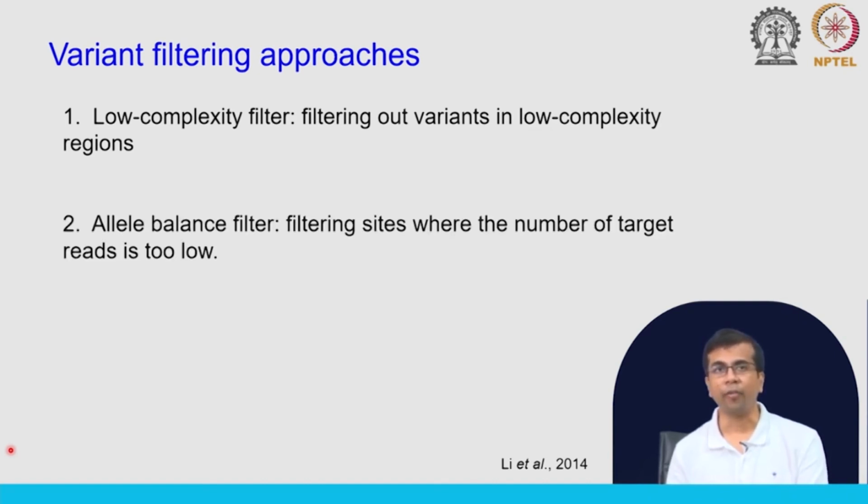The second type of filter that you can use is called the allele valence filter. Here we filter sites where the number of target reads is too low. This makes sense: if your coverage is quite low for a region where there is a variant call, then you probably have low confidence in that call, because it is not supported by many reads.